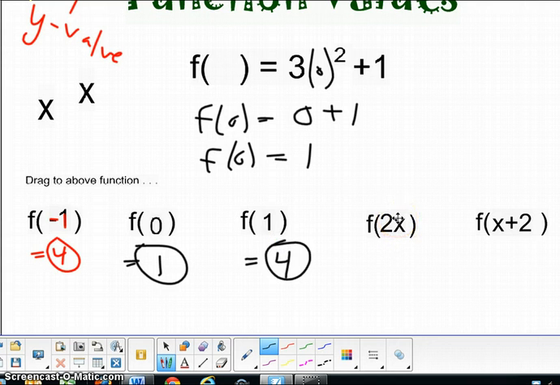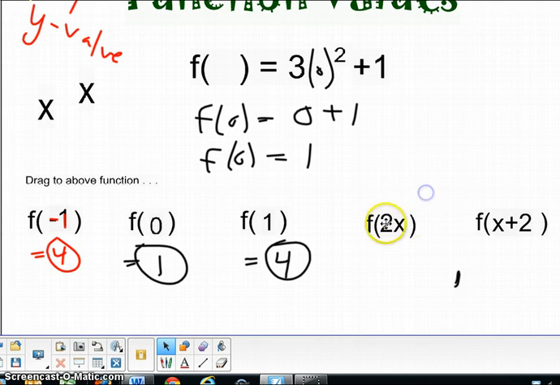Okay? And the best for last. These are a little tricky, but again, if you can just remember that everywhere you see an x, we're going to replace that value with whatever is inside of there. So 2x is going to go here. Let me erase some things.